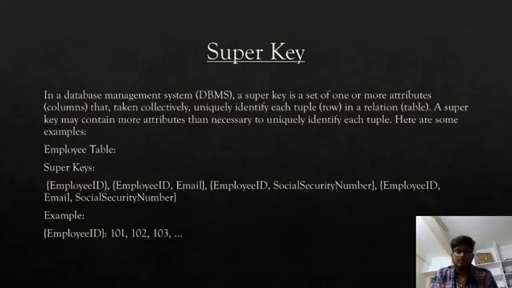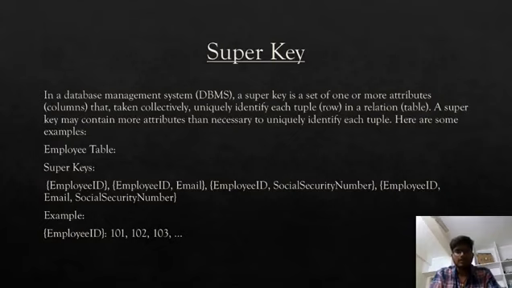That means in a database, a super key is a set of one or more attributes that, taken collectively, uniquely identify each tuple in a relation. So a super key may contain more attributes than necessary to uniquely identify each tuple. If we consider an employee table in an organization, the super keys would include employee ID.